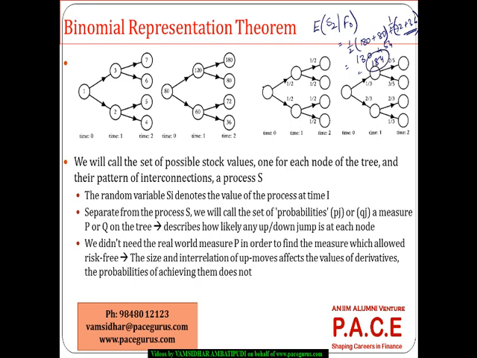But I have to take it with respect to each of the nodes. So half of 180 plus 80, 260, which is 130. Again half of 72 plus 36, 108, which is 54. And again I have to take half of 130 plus 54, 184, which comes out to 92 under the P probability.